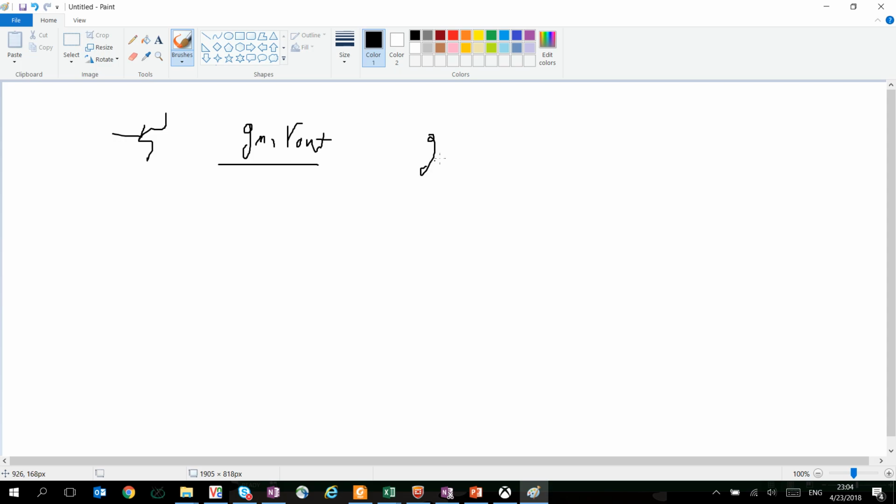mathematical model, we know that GM is basically the partial derivative of the current through the drain by the VGS, del ID to del VGS, when VDS is constant. So if we just write the, we can write the NMOS.